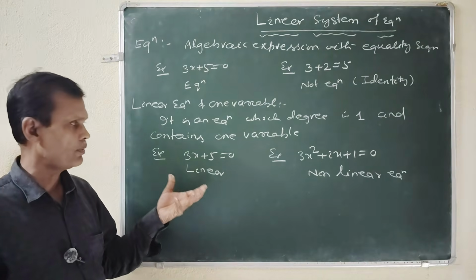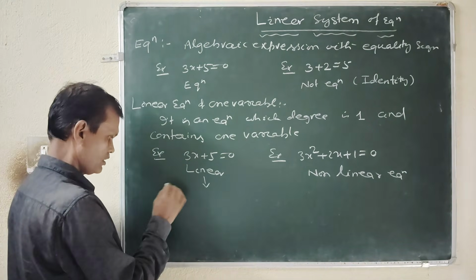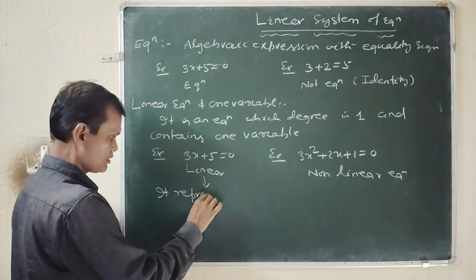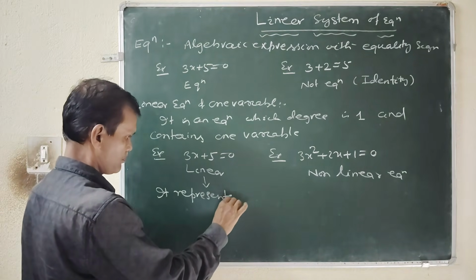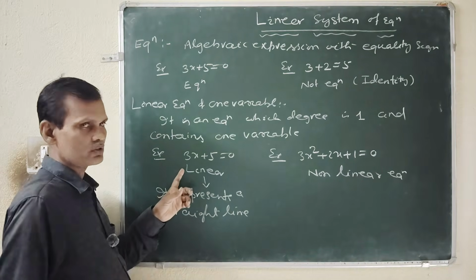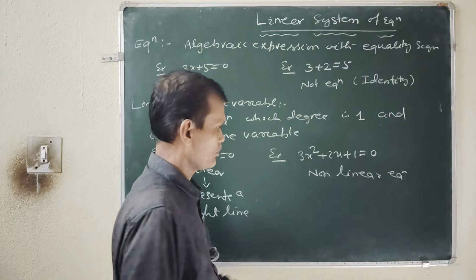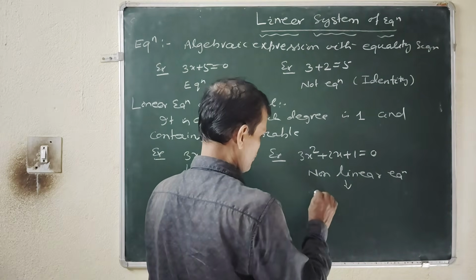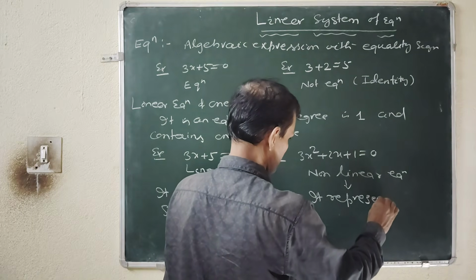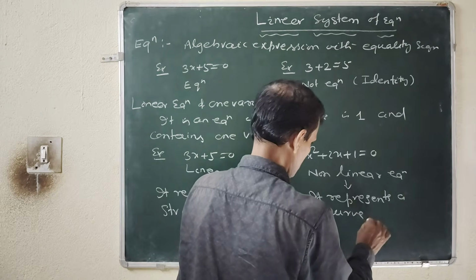If we think about the geometric form, in geometry every linear equation represents a straight line. But if the degree is not 1, a nonlinear equation represents a curve.